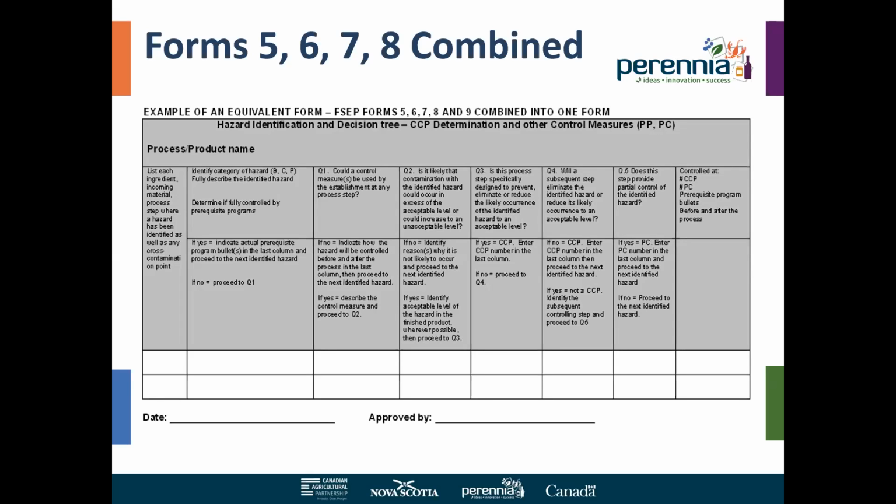So let's say you have a potential pathogen: it's Listeria, E. coli, Salmonella, and staph, with employees not washing their hands and following hygiene. Then the next question is determine if fully controlled by your preventive controls or prerequisite program.